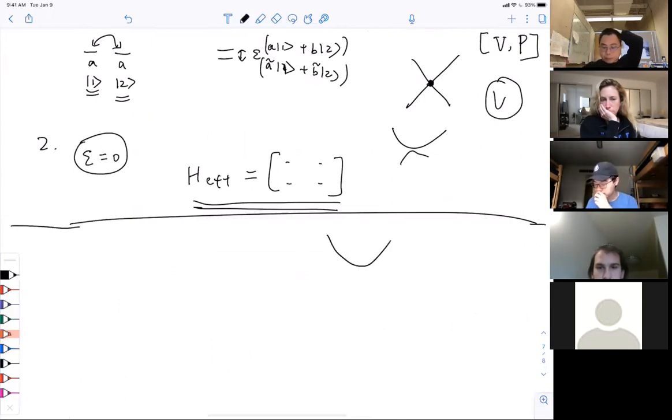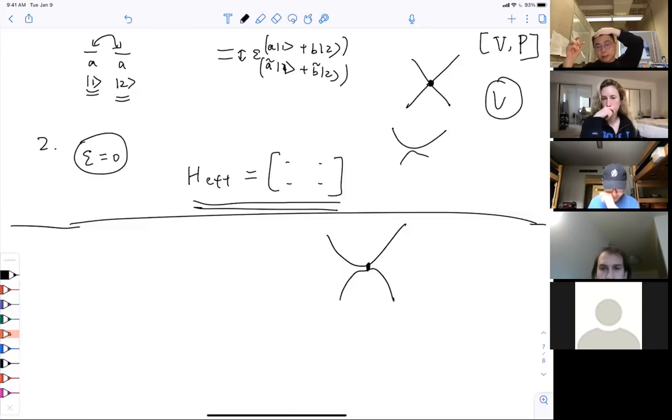There are specific points where the degeneracy is protected by the symmetry. As long as the symmetry is there, the degeneracy is always there, meaning that no matter what perturbation I add, as long as the perturbation obeys the same symmetry, the degeneracy is always there.